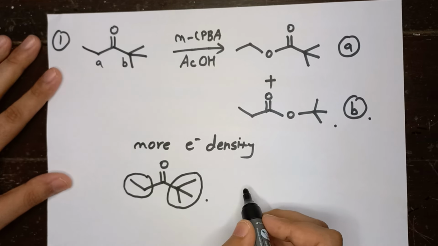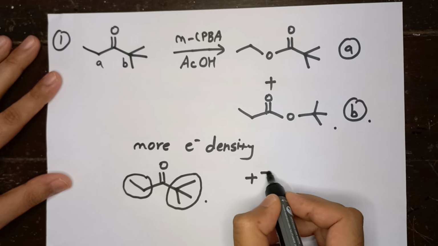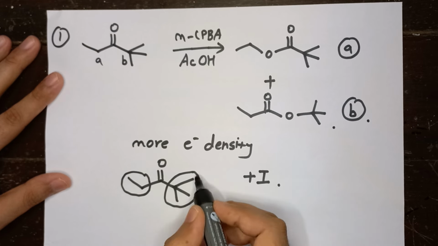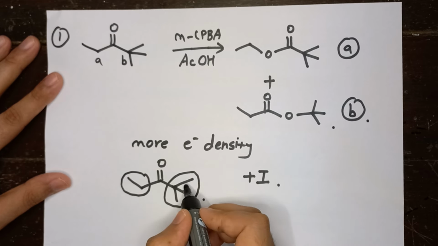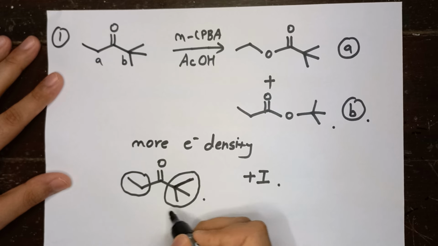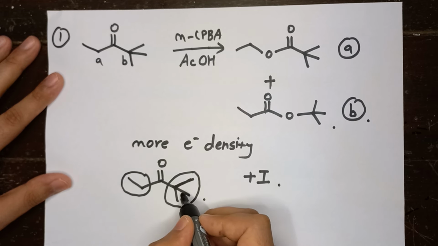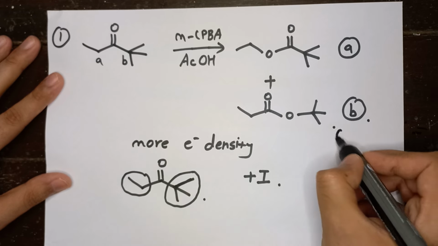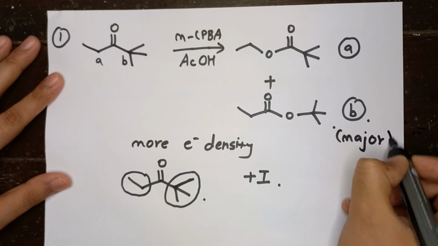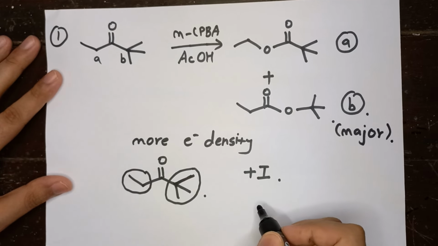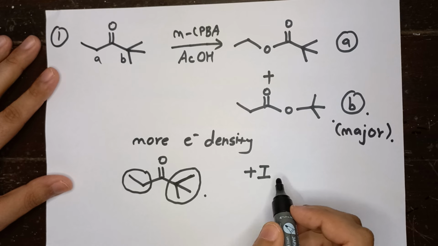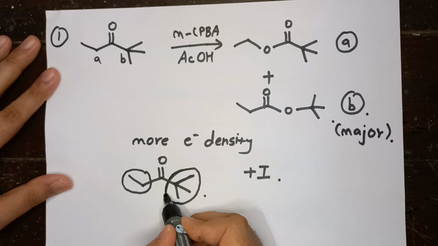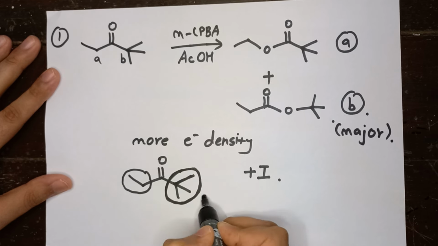And both are electron donating groups. We have a plus I inductive effect. But the tertiary butyl group has an extra methyl group, so extra electron density will be there. That's why the oxygen is inserted from the B side. So that's why this one is the major product. So always remember that when you get such type of questions, you have to insert your oxygen from the more electron dense side as compared to the lesser one.